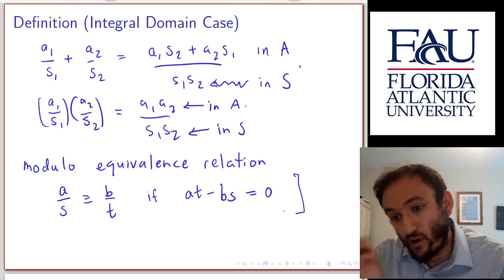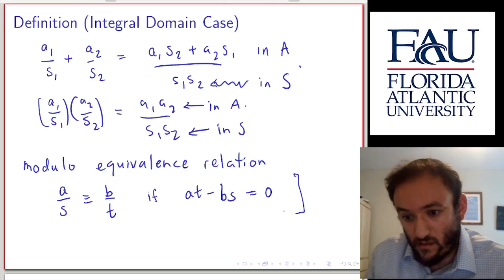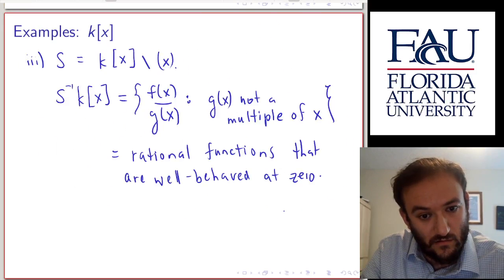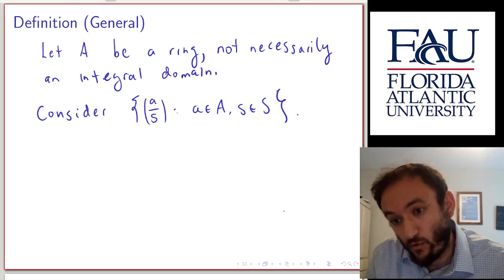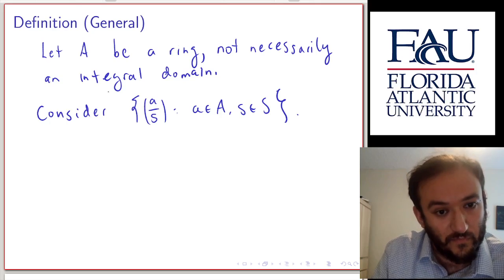We're saying if you cross multiply and subtract and you get 0, that should mean that the fractions are equivalent. And that should be an equivalence relation. So in particular, it should have the transitive property of an equivalence relation.